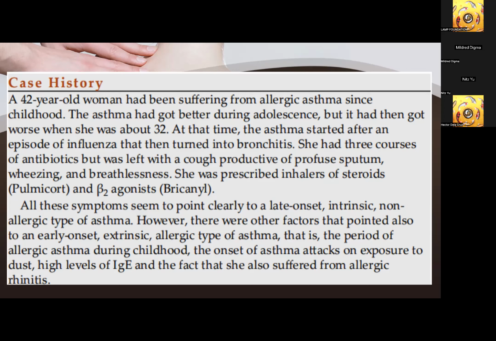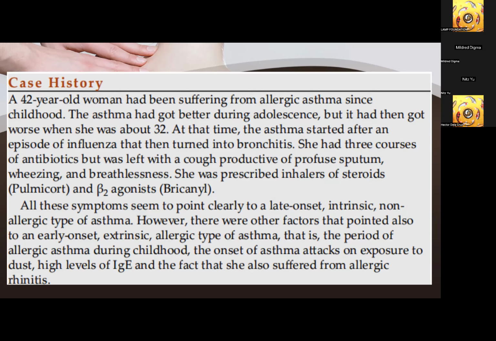At that time, her asthma started after an episode of influenza that then turned into bronchitis. She had 3 courses of antibiotics, but was left with a cough productive of profuse sputum, wheezing, and breathlessness.